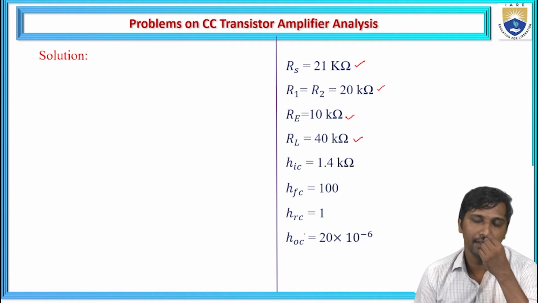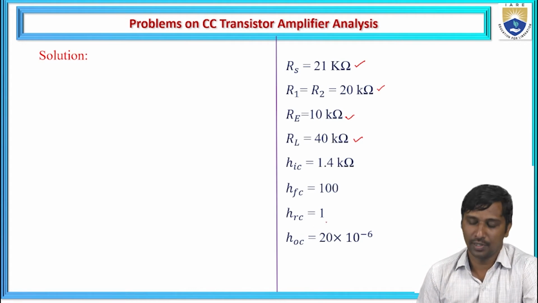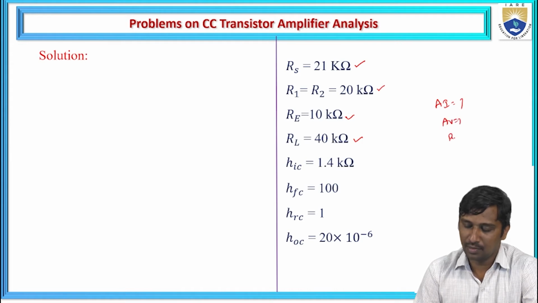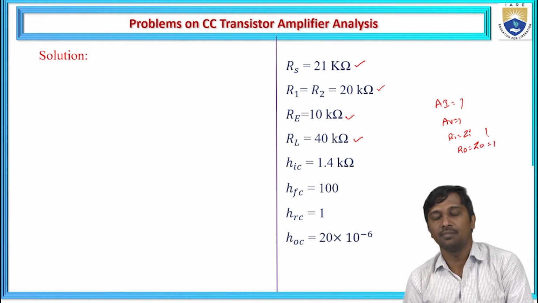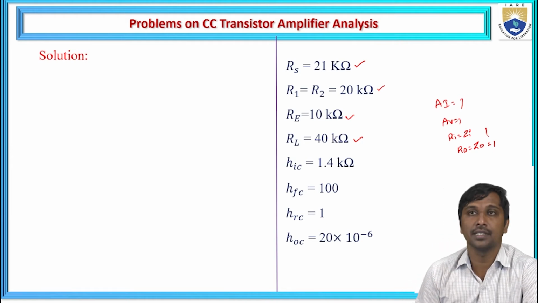Now we need to calculate the current gain Ai, the voltage gain, the input impedance Ri or Zi, and the output impedance Ro or Zo. So we need to determine these four parameters based on the given circuit and specifications.